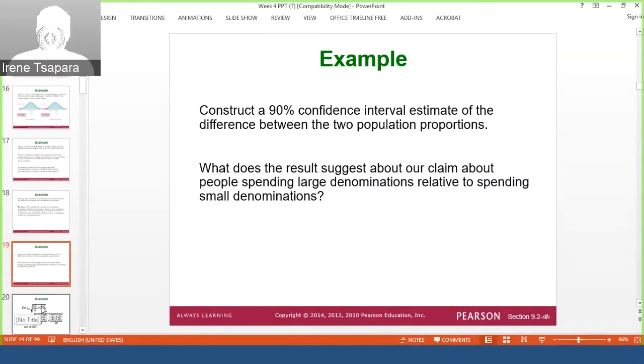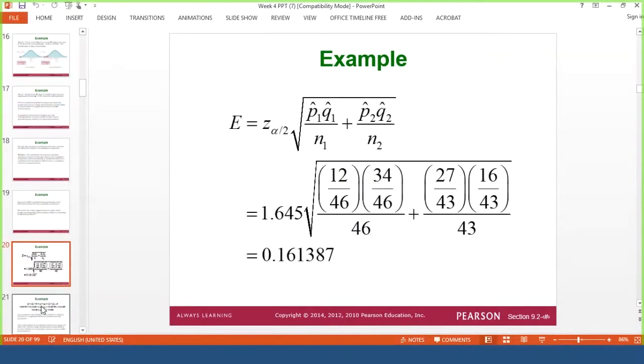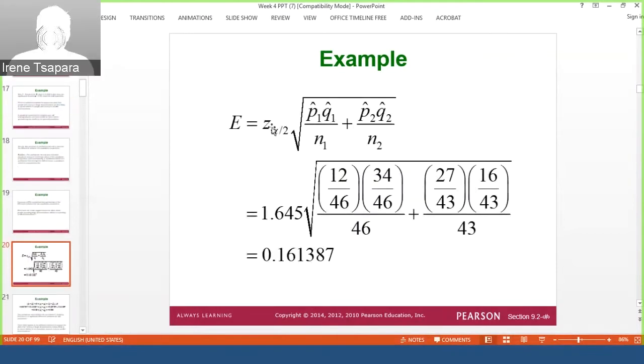Let's see how we construct a 90% confidence interval estimate of the difference. I calculate, as I said before, the E, the margin of error. How do I do that? Well, I calculate using the p-hats. And as Advait asked why I don't use the pooled proportions.